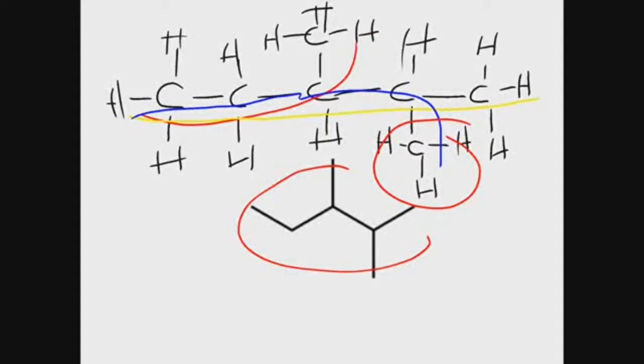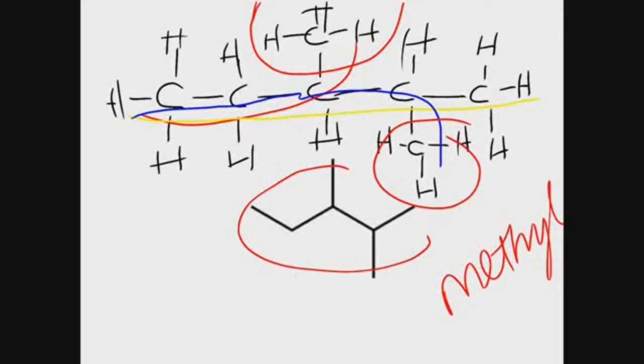But since this one has 1 carbon atom, like I said before, it is known as a methyl. We call it a methyl functional group. It is a substituent. So we are going to number these carbon atoms, making sure that the carbon that bears this functional group has the lowest possible number.